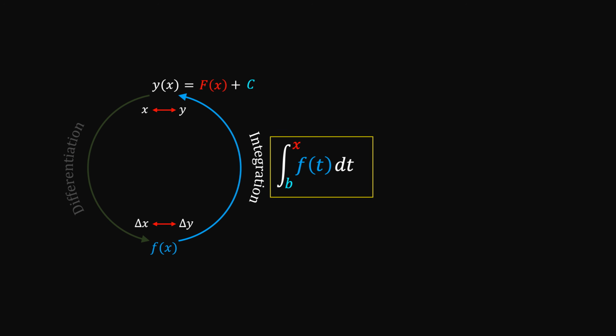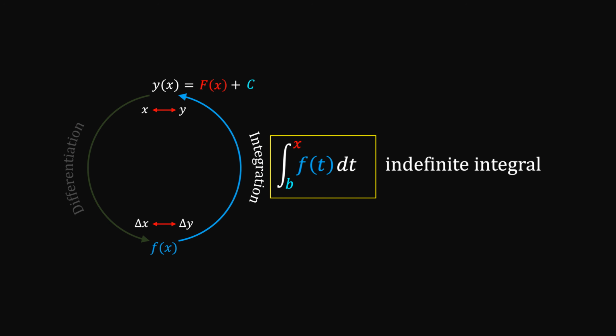When the integration symbol has a lower bound and an upper bound of x, this is called an indefinite integral. Theoretically, you can carry it out using algebra, but it could get very difficult. Let's say we're integrating an exponential function. So we're given that one thing changes with the other exponentially.